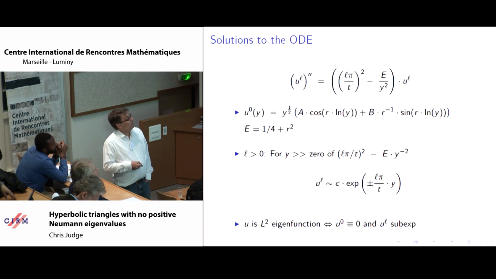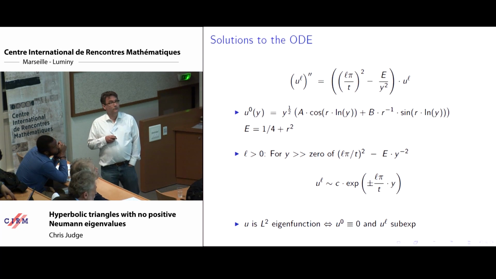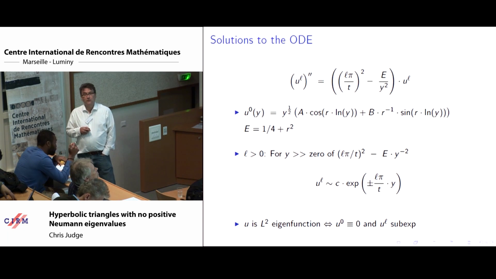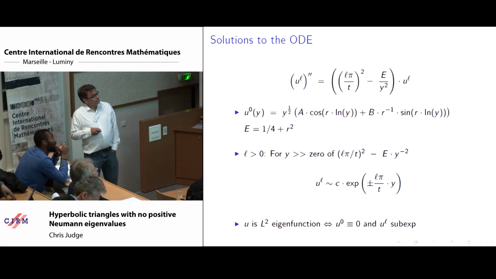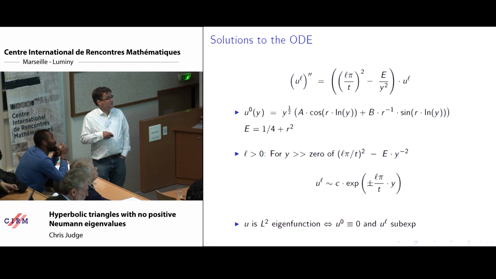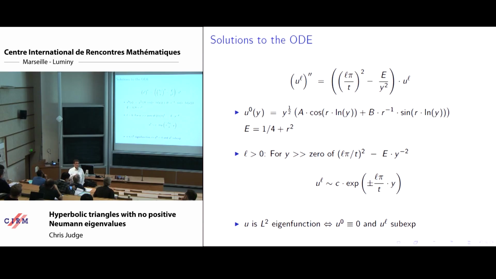So we need to have U0 identically 0 in order to be sure we're in L2. So this part has to be 0. These things are called Cusp forms. An L2 eigenfunction is called a Cusp form, basically because its zeroth Fourier coefficient is 0 in each cusp.